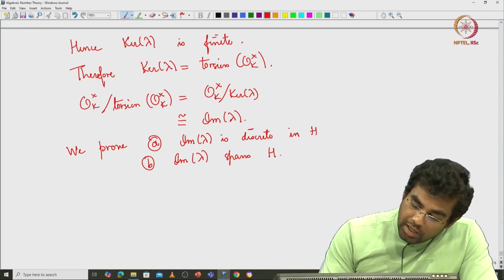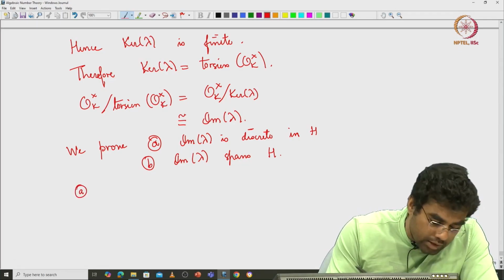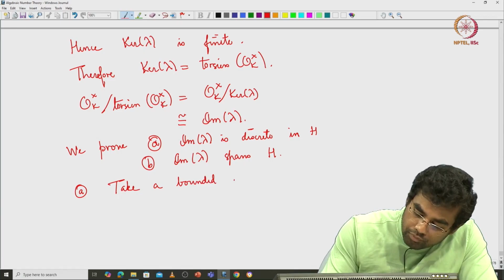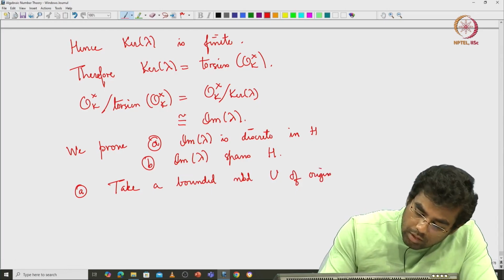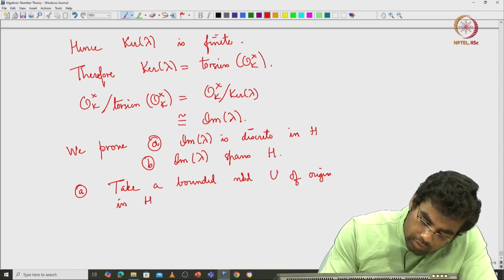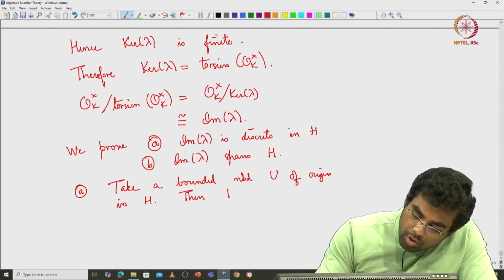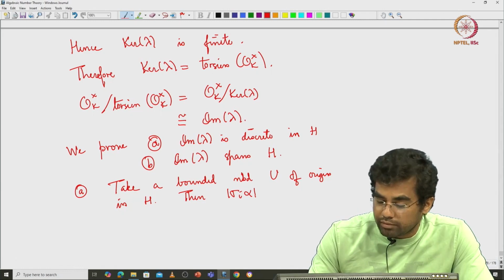Okay. So, A is actually easy to prove. So, we will start with A. Take a bounded neighborhood U of the origin in H. This idea is very similar to the idea that we used for the kernel of lambda.